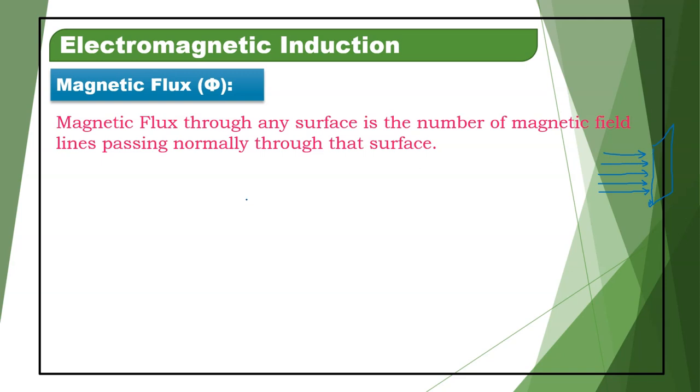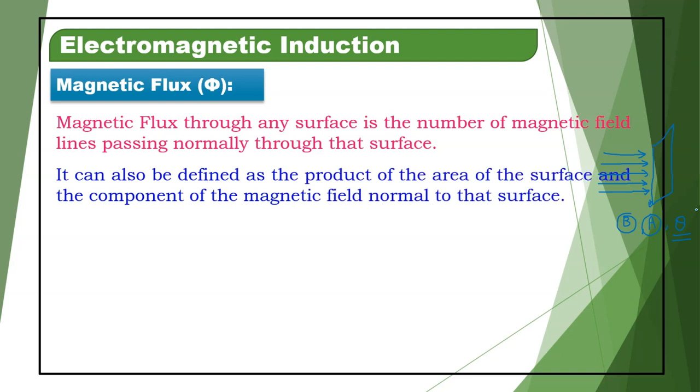Understood. So phi basically depends on a few factors: B, the magnetic field, how much is the strength of the magnetic field; second, A, the area of the surface; third, the angle of the magnetic field, that means a particular angle by which the magnetic field tilts. So theta will be that factor.